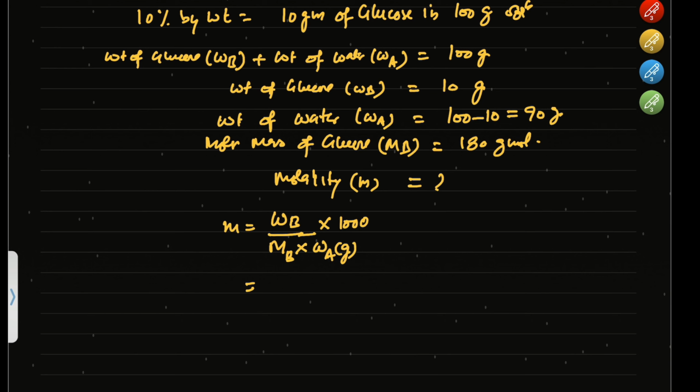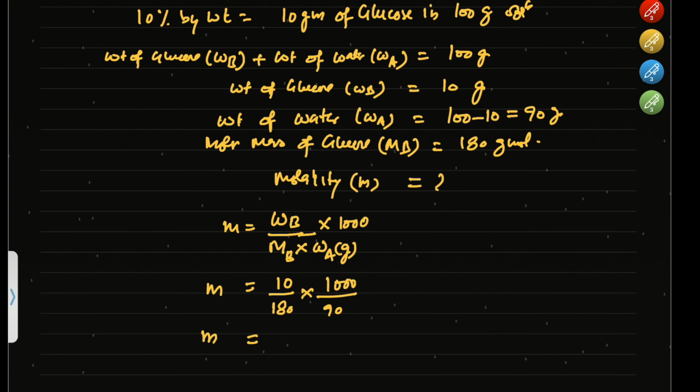Weight of the glucose WB is equal to 10 gram. Molar mass MB, molar mass of glucose 180 gram, and the 1000, and weight of solvent in gram, 90 gram. Calculate.